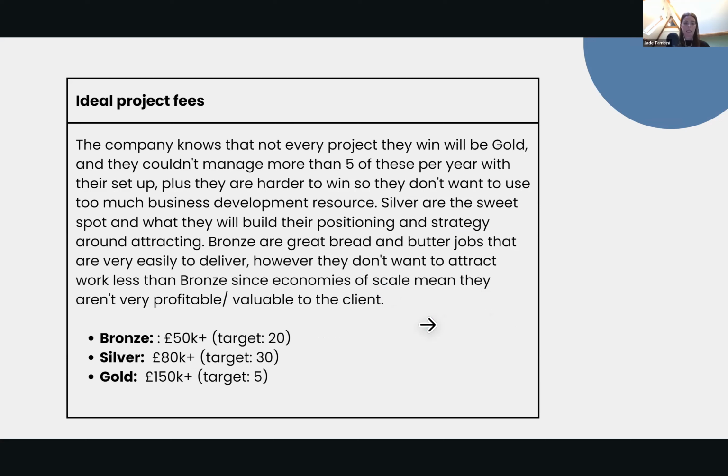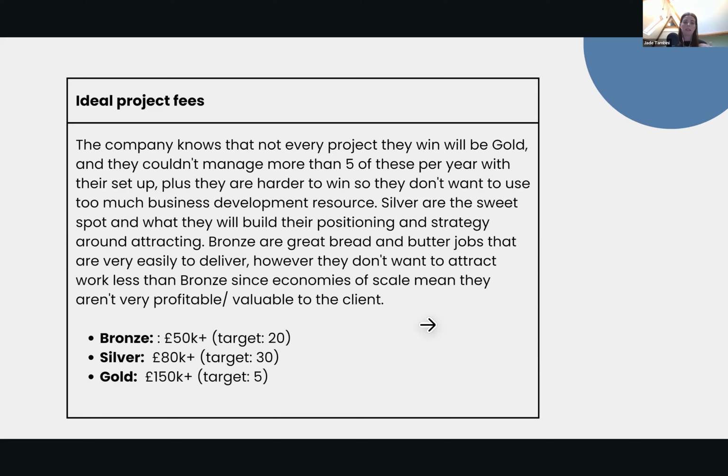So for this particular company, an ideal project could be a 100,000 a year investment as an employee engagement program, but they're not going to not target getting, say, some bronze 50K deals. So maybe for them, a bronze account is 50K spend a year, a silver account is 80K a year spend, and a gold account is 150K a year plus spend.